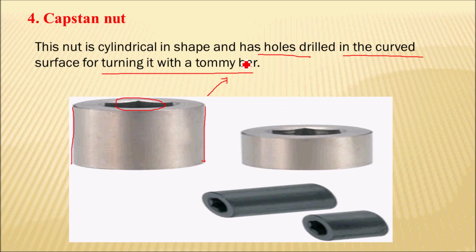We can see the application of the Tommy bar: in a lathe machine, to tighten or loosen the chuck, this Tommy bar is used. The application of this capstan nut we can see is to fix workpieces on a table. This capstan nut is used along with the T-headed bolt.